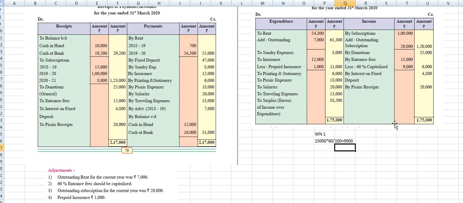From this 1,75,800 rupees, we deduct 61,300 rupees: 8,000 plus 11,000 plus 6,000 plus 18,000 plus 20,000 plus 13,000 plus 13,000. After deducting these amounts, we get a surplus of 38,500 rupees. Both sides we need to total and tally. That is the balancing method.